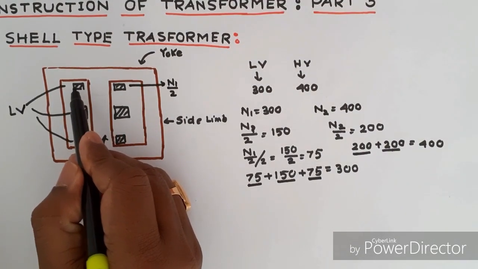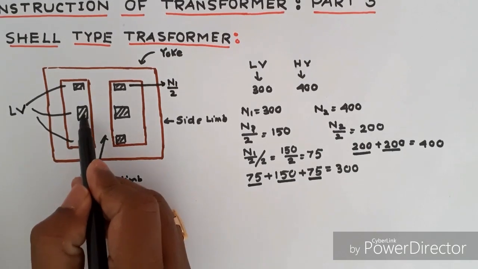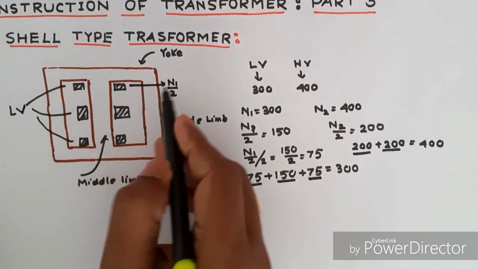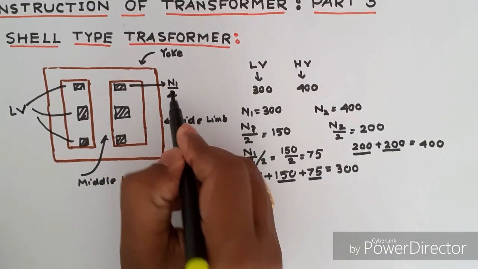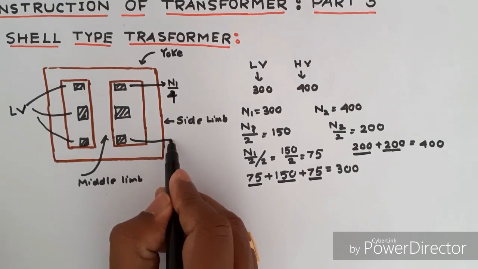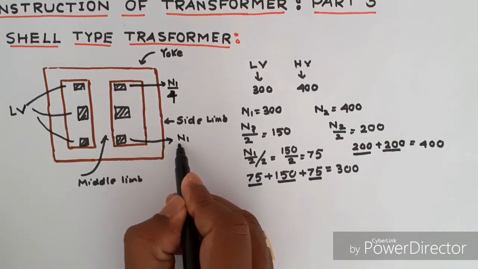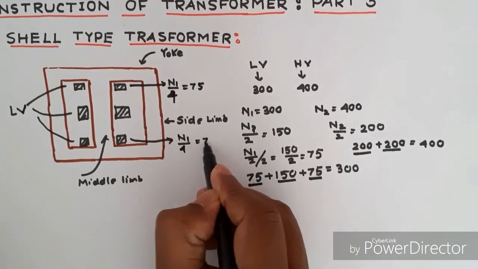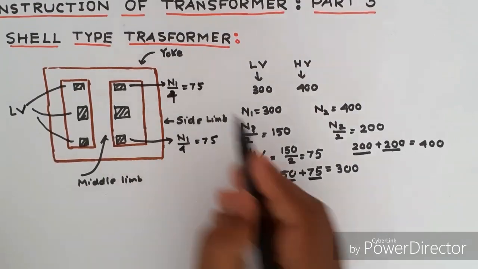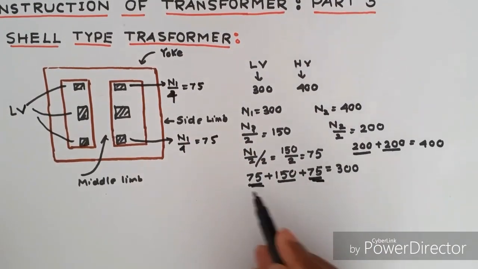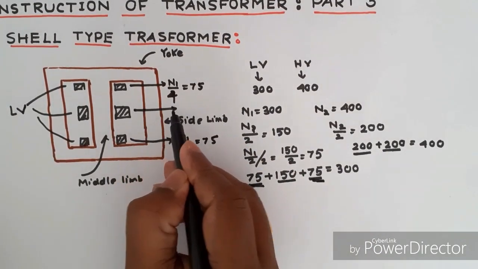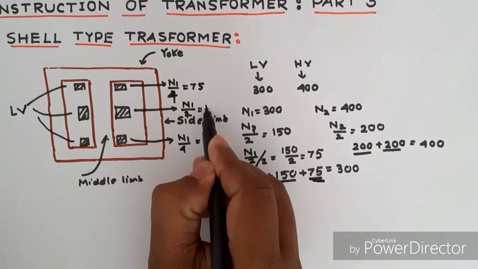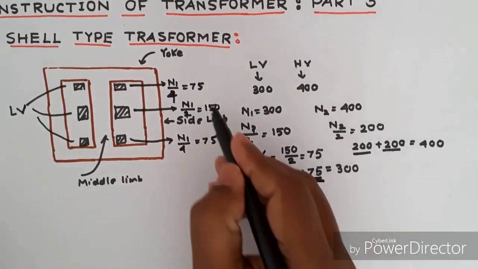Upper there is an LV winding, in the bottom there is an LV winding, in the middle there is also an LV winding. The upper LV winding has number of turns N1 by 4, and the lower LV winding has N1 by 4, that is equal to 75 and 75. And the middle LV winding has number of turns N1 by 2, that is equal to 150 number of turns.